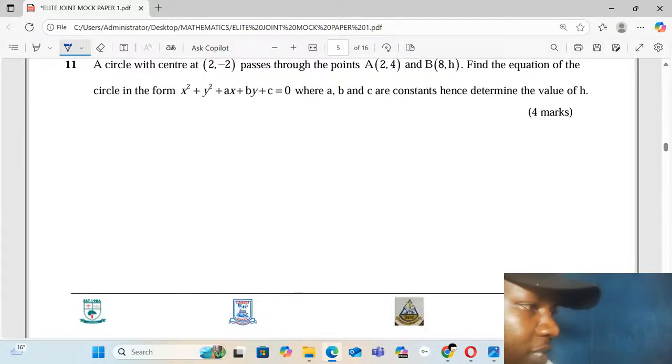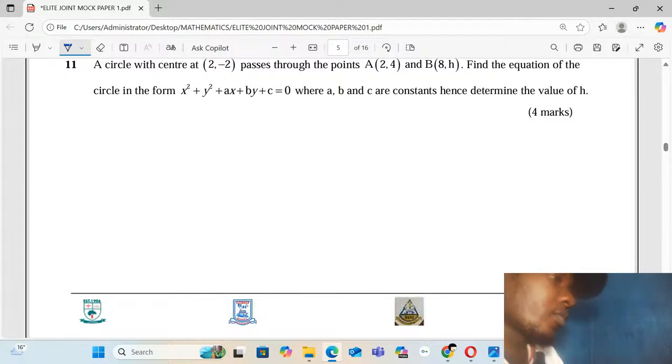Find the equation of the circle in the form x squared plus y squared plus ax plus by plus c is equal to 0, where a, b, and c are constants, hence determine the value of h. So we want to find the value of h.